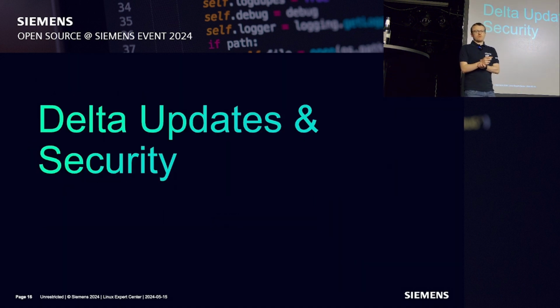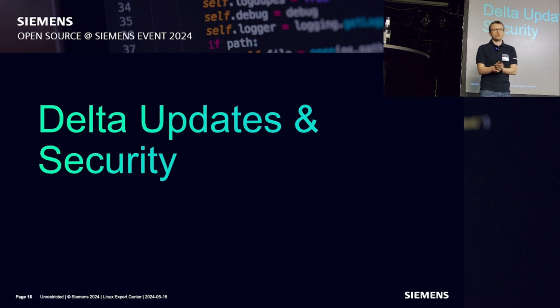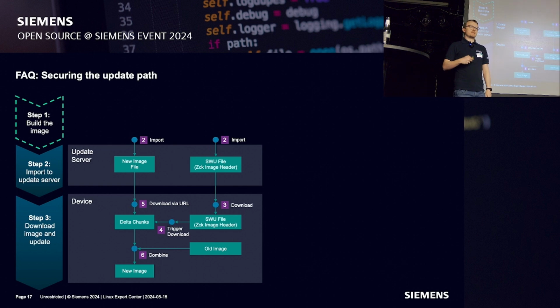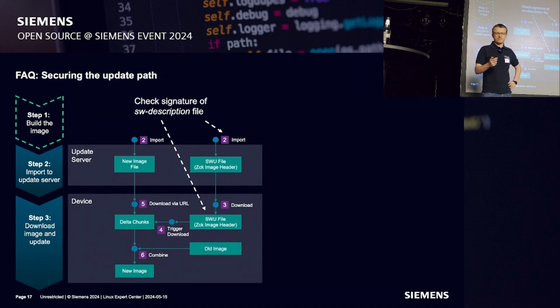Some frequently asked questions about delta updates and security. As Jan said, one of the goals is to not break the security guarantees by only updating the delta. And for that, it might not be obvious why it doesn't make a difference if we do a delta update or a full image update. So let me briefly show you why that's the case.